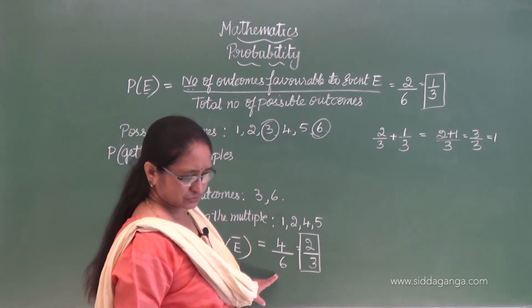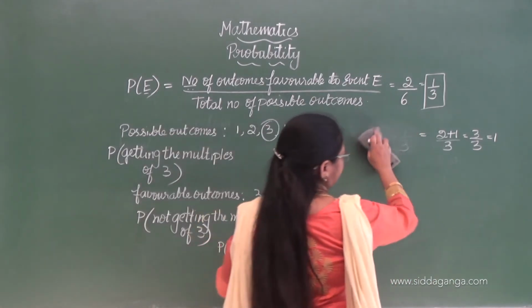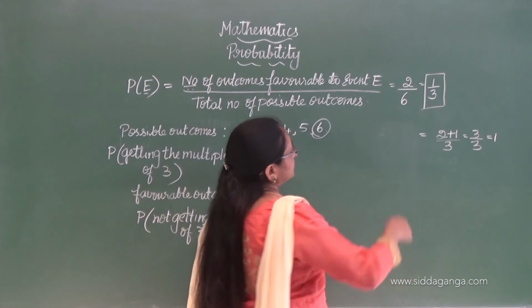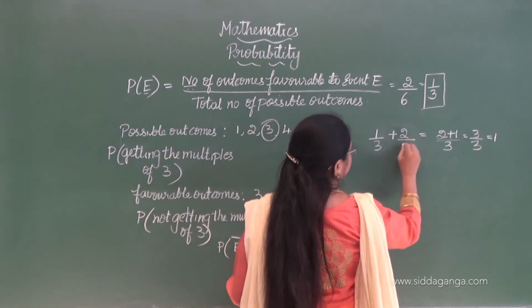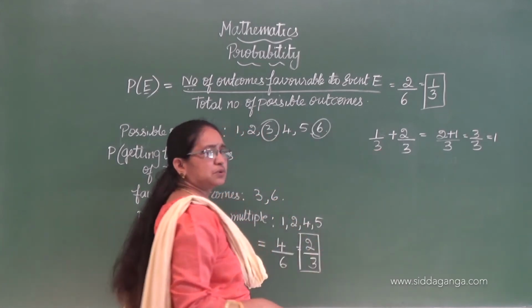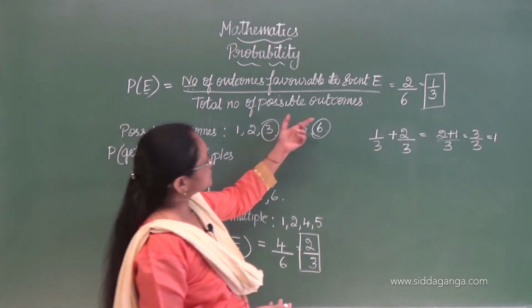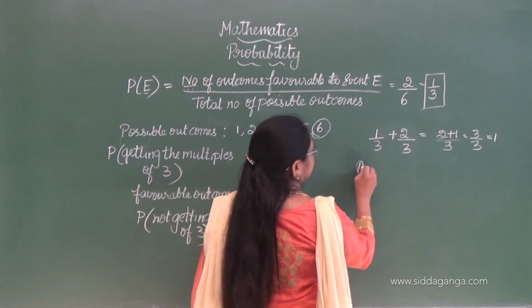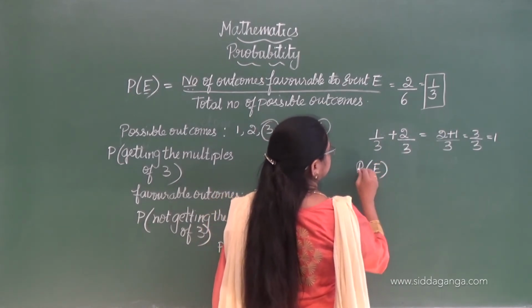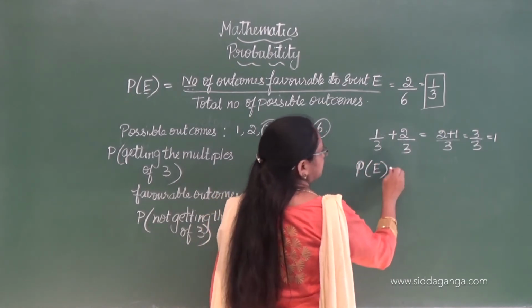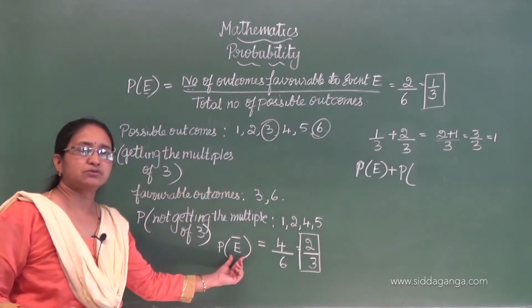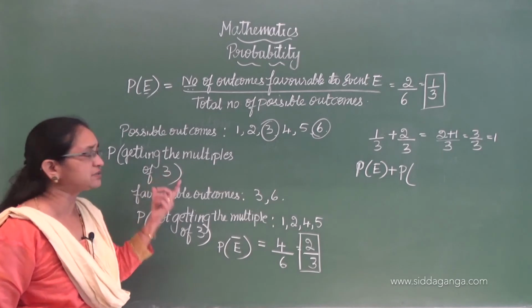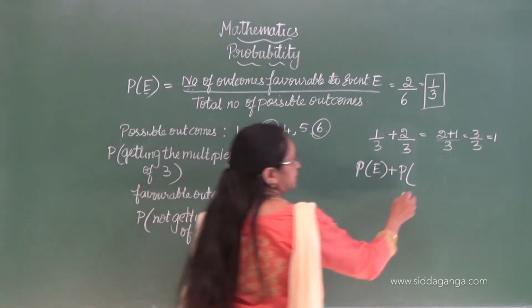Let me exchange this: 1 by 3 plus 2 by 3. 1 by 3 is P of E, that is the event, plus P of E dash, the complement of this event.